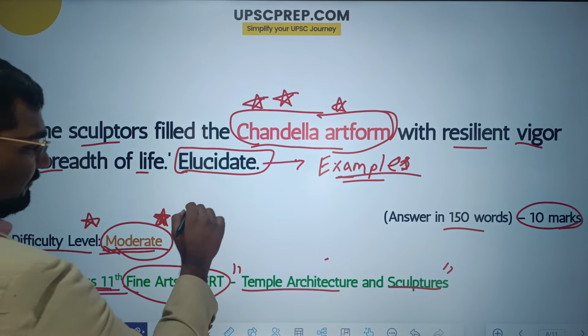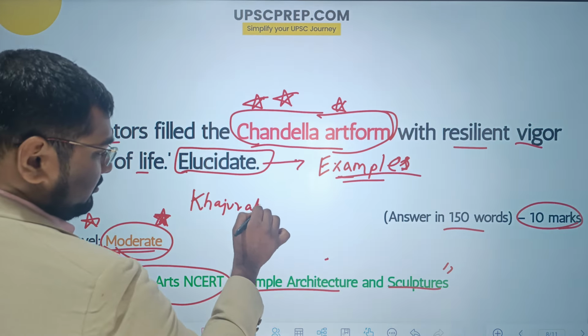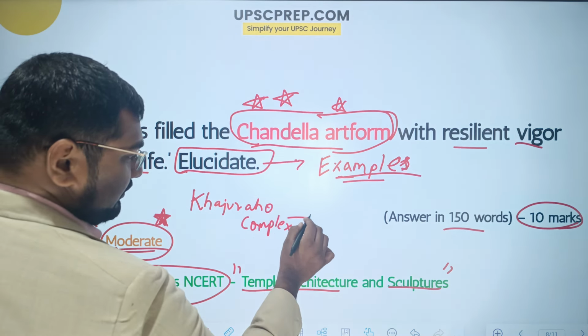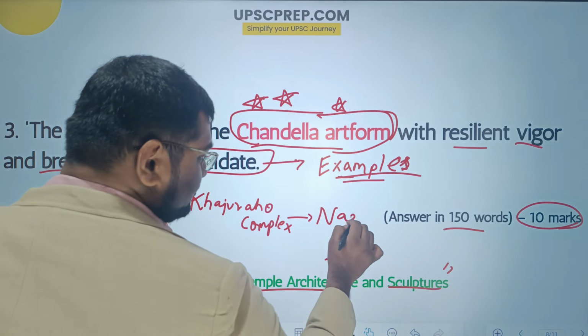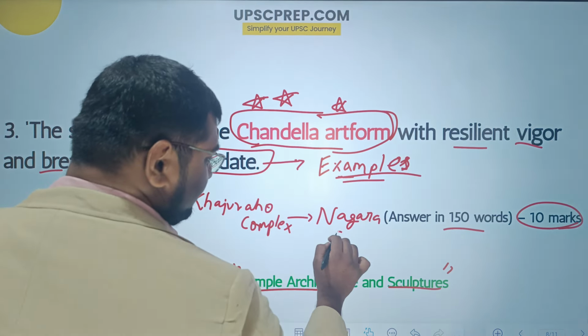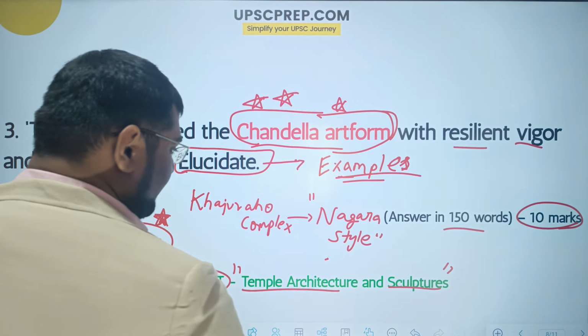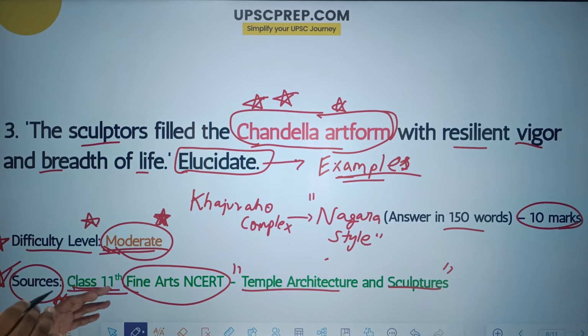Even in my lecture, I have talked about the Khajuraho complex, the Kandariya Mahadev temple, which again showcases the Nagara style of architecture, right? So apart from that, when we refer to the Chandelas, we don't go into that much detail, right? And that is the reason we can consider this a moderate question, right?